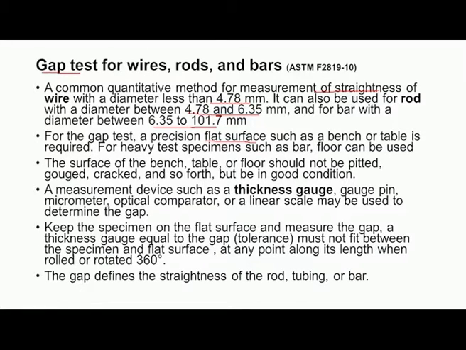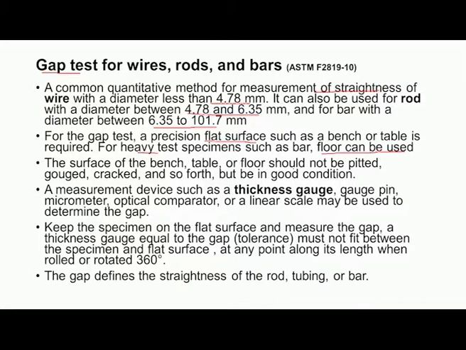We can use the surface plate as the reference plate. If the workpiece is very heavy, then floor, also very neat clean granite floor, can be used for straightness measurement. And all the equipment, surface plate or floor, should be perfectly clean.